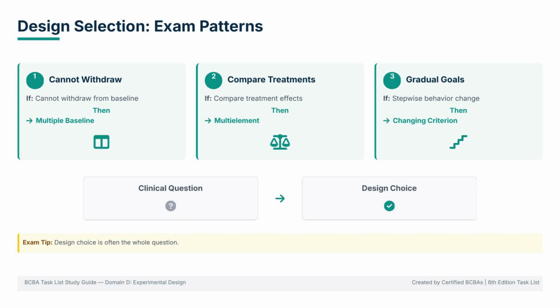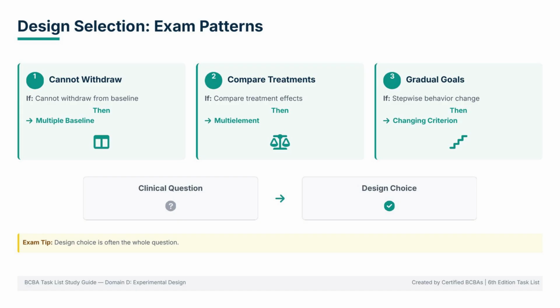Let's look at some common patterns in the exam to help you select the right design. Cannot withdraw. If you cannot withdraw the treatment for ethical reasons, multiple baseline designs are often the answer. This is common for behaviors where withdrawal could cause harm. Compare treatments. If the question asks you to compare two or more interventions, the multi-element design is often the best choice.